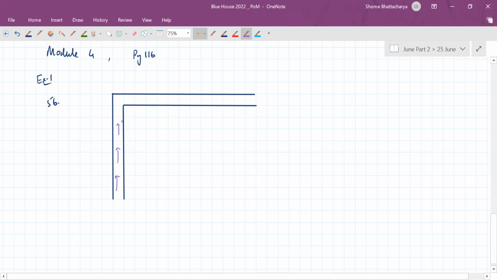Actually, it would not make any difference even if this was vertical, as long as the area of cross section is uniform. Just there's a difference of pressure if it is vertical, whereas if it's horizontal, then the pressure is uniform everywhere. So anyway, this is a horizontal plane viewed from above.